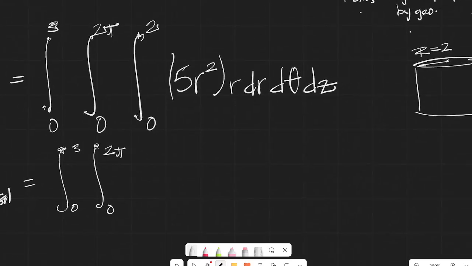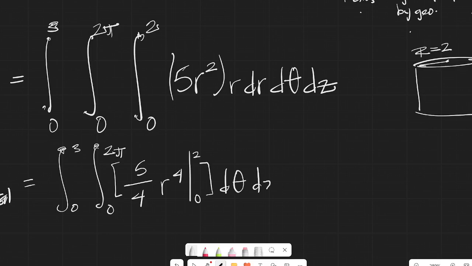Really this is 5r cubed, so the integral of 5r cubed is 5 fourths times r to the 4th, dr. Oh wait, I'm sorry, I performed the integral already. I put the bounds here now, and then I can write d theta dz.